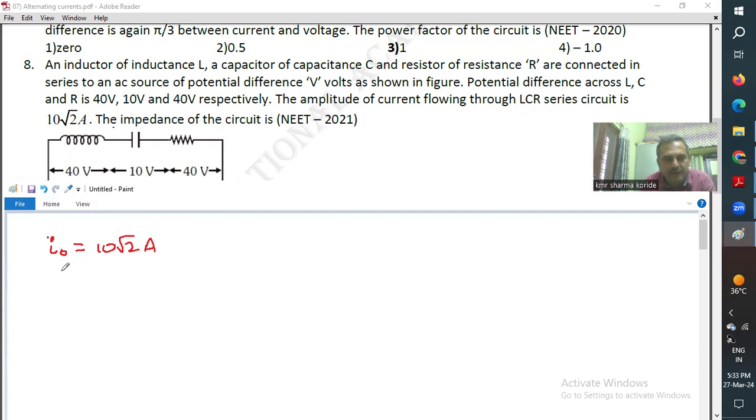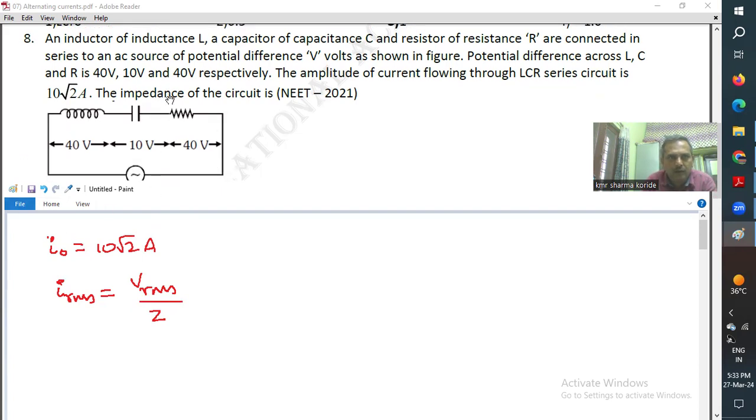So to find out the impedance, first let us write IRMS. IRMS is nothing but VRMS divided by impedance. IRMS can also be written as I naught by root 2, equal to VRMS by Z. VRMS is nothing but V net.